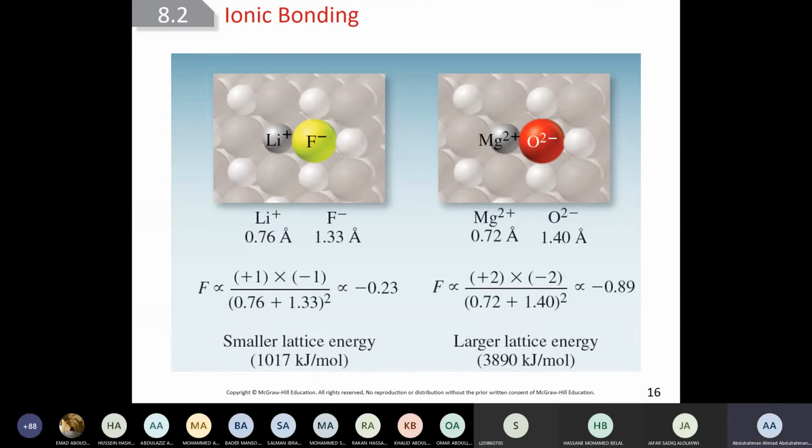Assume that the distance is the same. Lithium fluoride and MgO. Look at the numbers here. What is it? 1,070. And this number. What's the relation between these two? Almost 4 times. Can you see that?